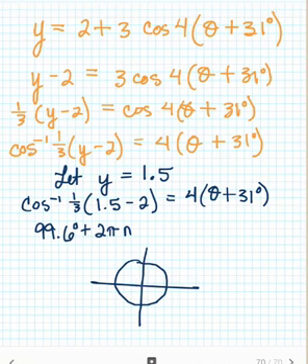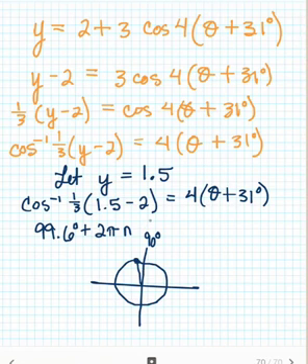So wouldn't that be about right there, because this is 90 degrees, so just 10 degrees past 90 degrees. Now that is going to have 99.6 degrees plus 2 pi n. So yes, I can keep looping around and around and getting this answer right here, and that's fine.